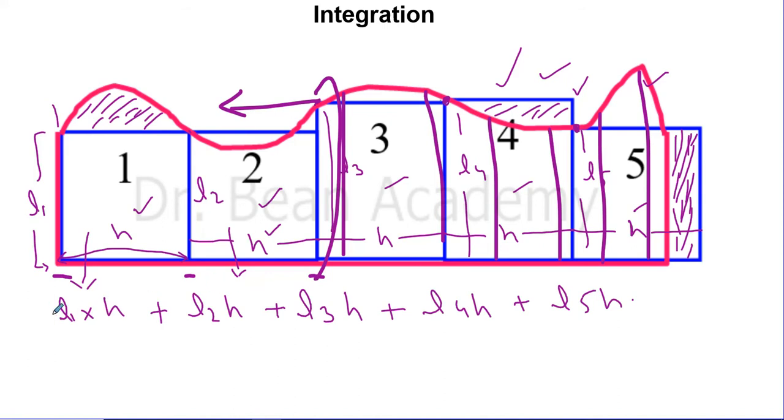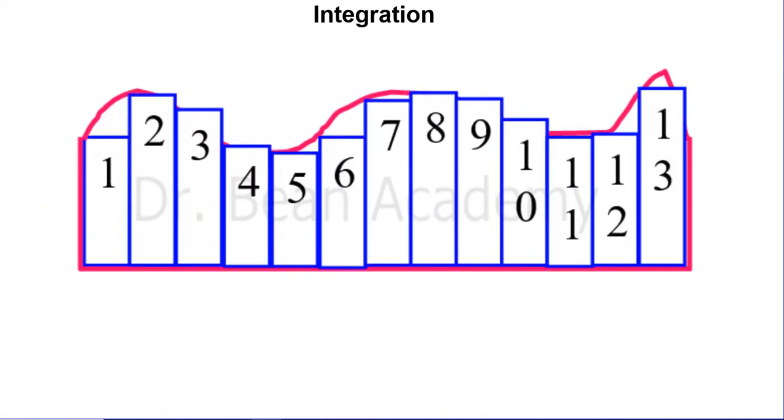So let's go next. This is a very rough estimate, and you know that there is a lot of error. For example, here we are just leaving this area out, and some unnecessary area is included in the calculation. This is not a good estimate after all. So one method could be to increase the number of rectangles.